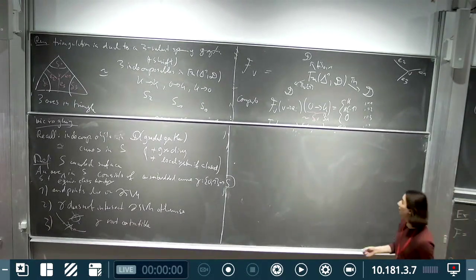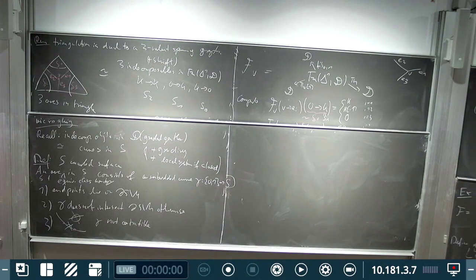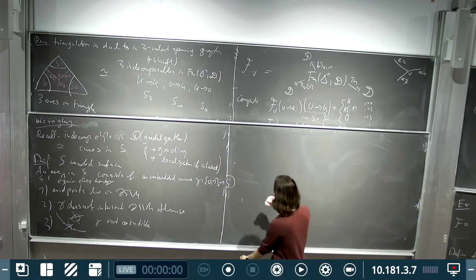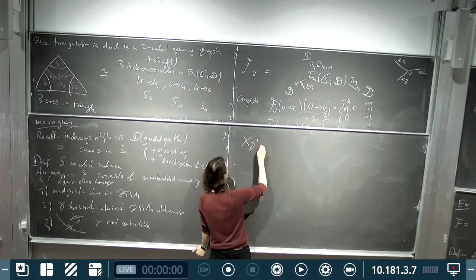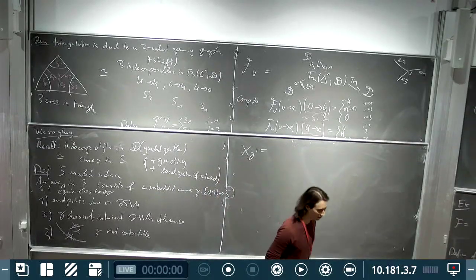So another example. If we have this was gamma, and this is gamma prime. Then what is the coCartesian section corresponding to gamma prime? So x gamma prime will be, I have to check my notes.